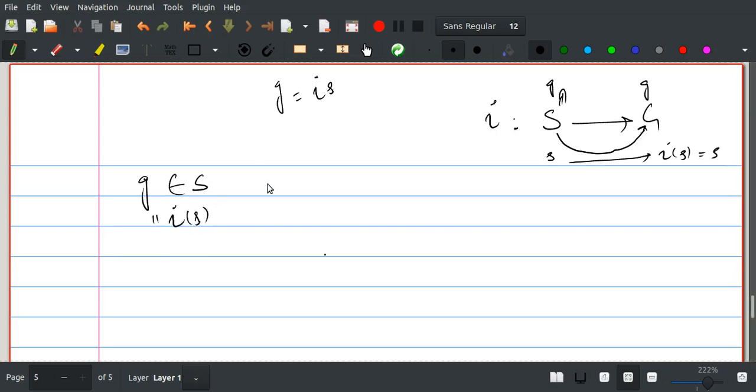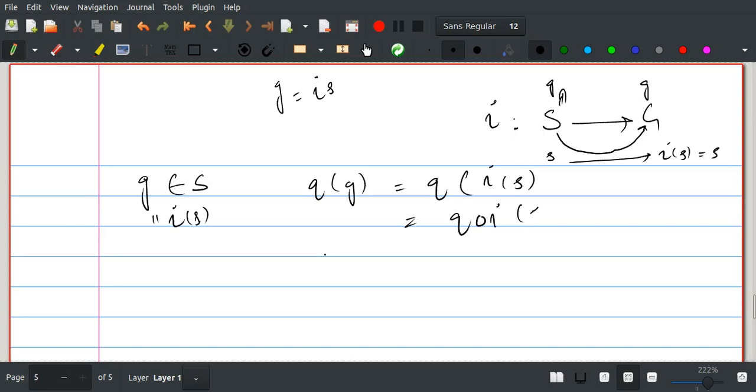This implies Q of g will be equal to Q of, now this g being an element of S, it has an expression of the form I of s. So this is Q of I of s. Now it is given that Q of I is 0, so this is 0.